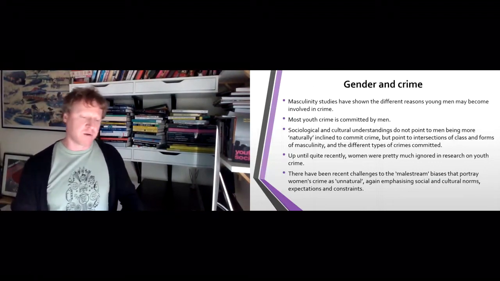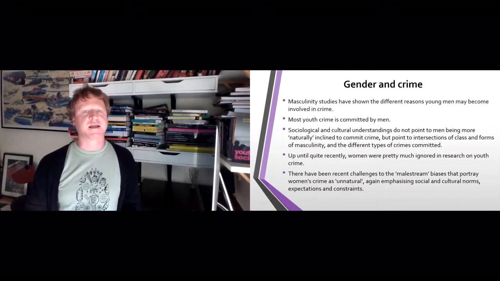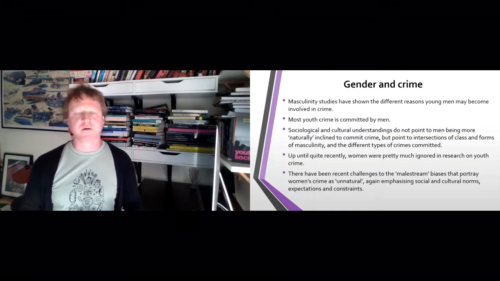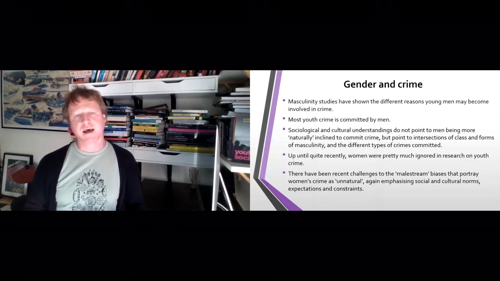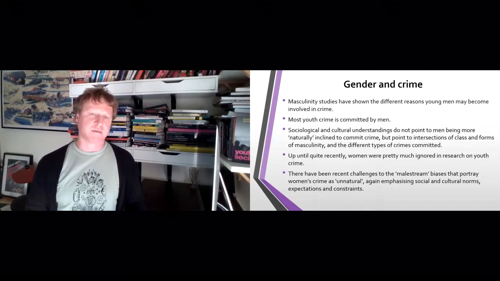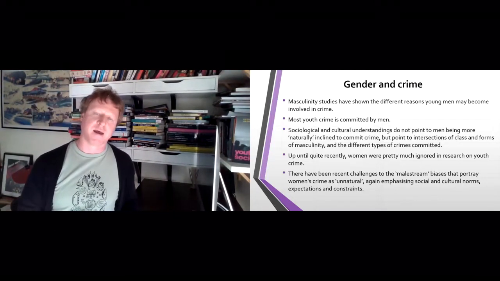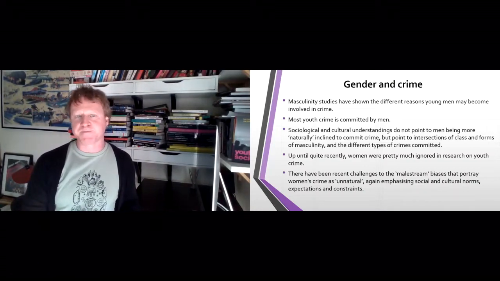The more critical sociology and masculinity studies critique that point of view and show how masculinity itself and different kinds of masculinity are important for thinking about the different ways that different groups and individuals are more or less likely to participate in crime and deviant behaviour.